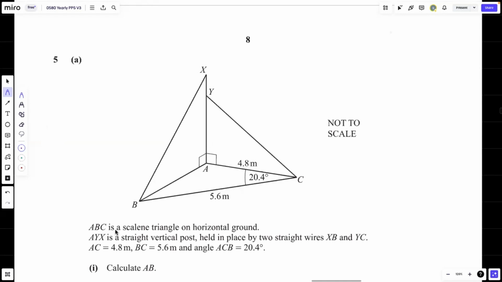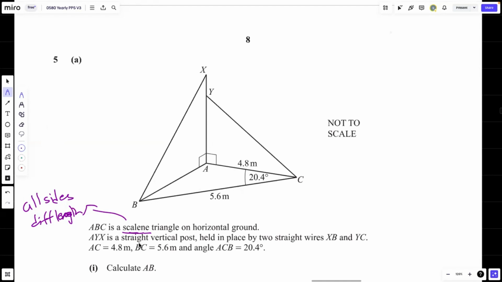Okay, so let's start with question 5, part A. ABC is a scalene triangle. A scalene triangle is having all sides of different length. So you have ABC as a scalene triangle on horizontal ground. Why is this information relevant or important?